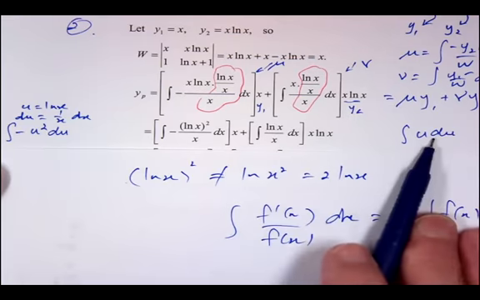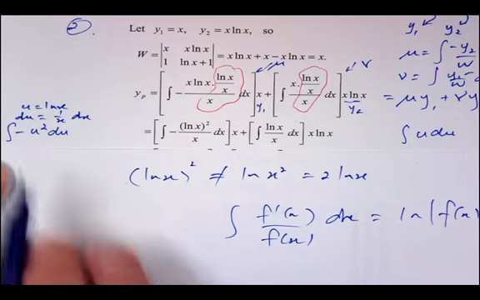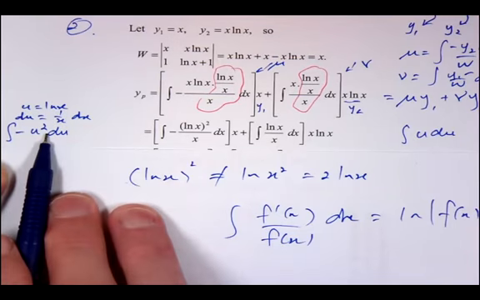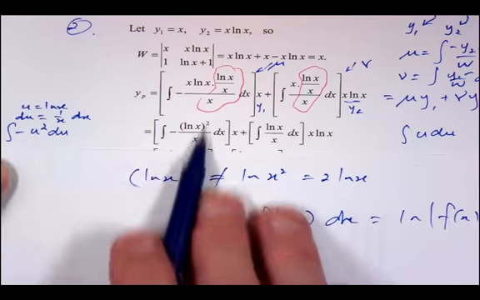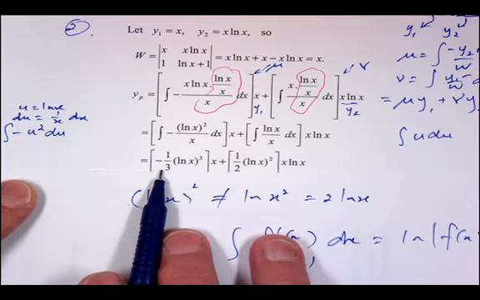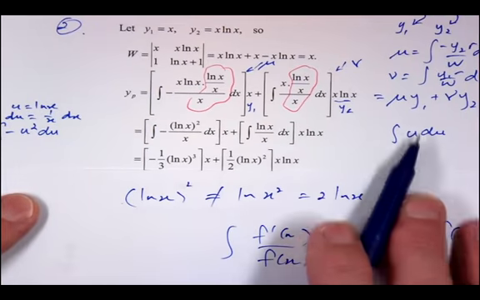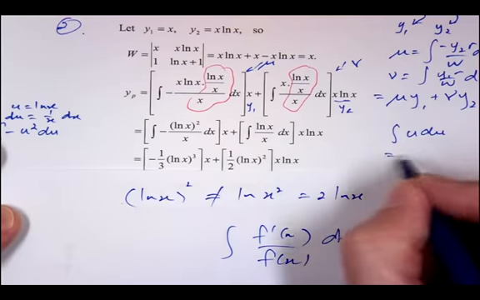So what's the integral of minus u squared with respect to u? Add 1 to the power, divide by the new power, so that's u cubed on 3. But u was log x, so this will turn out to be log cubed x over 3. And what's the integral of u? u squared on 2.